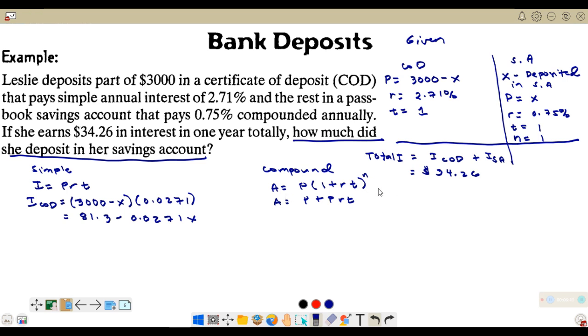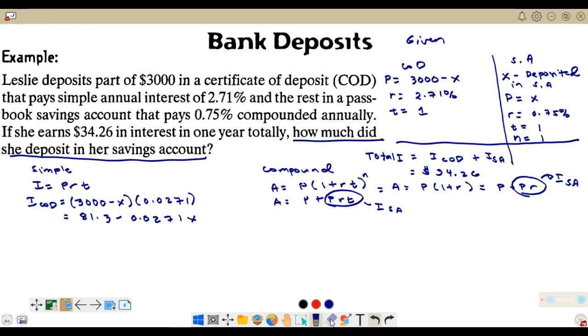Pag sinimplify mo siya, the total amount is P times 1 plus R. And this 1 plus R here can be simplified into P plus PR. So, itong PR na to, this is actually your interest for the savings account. Or yung PRT natin, in this case, this is the interest for the savings account. Both of them are good since T is also equal to 1.